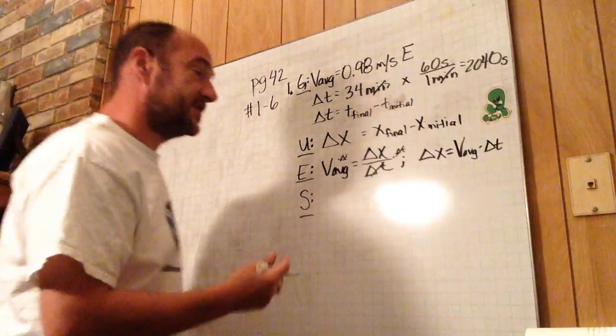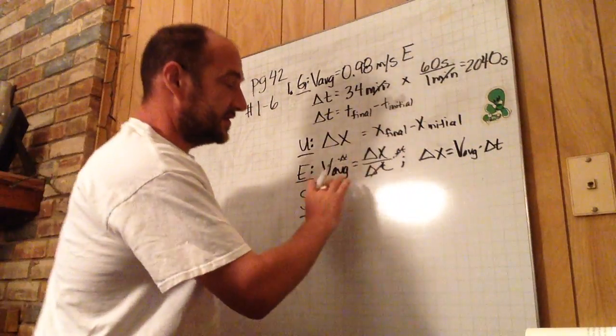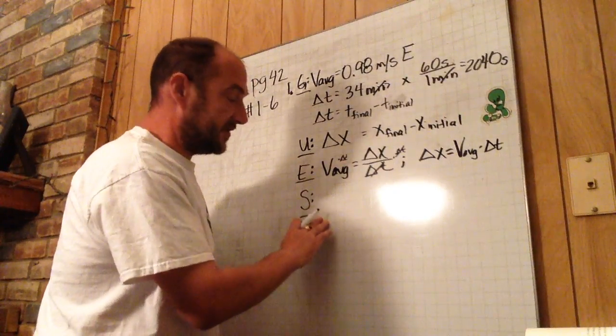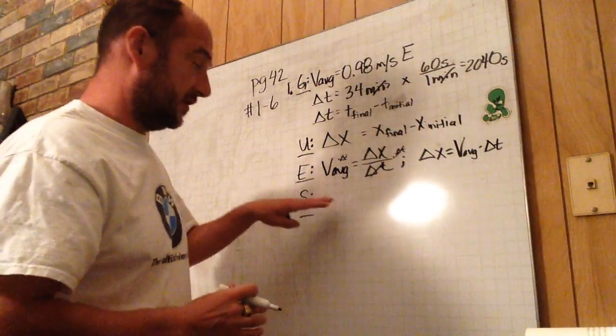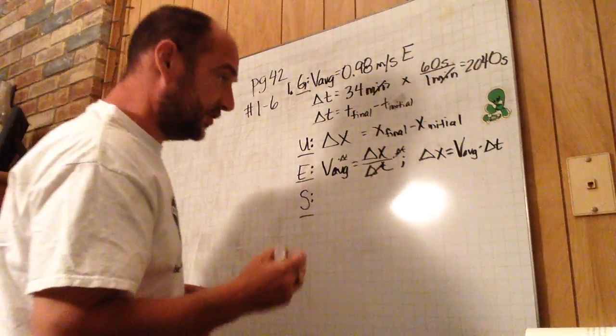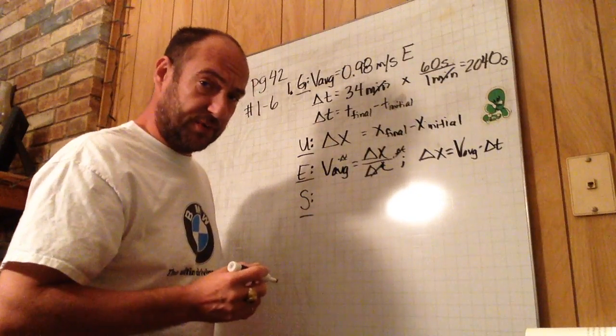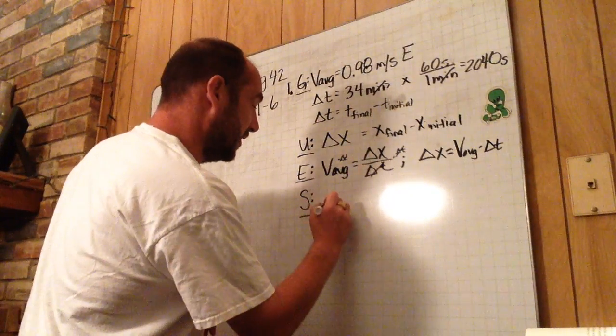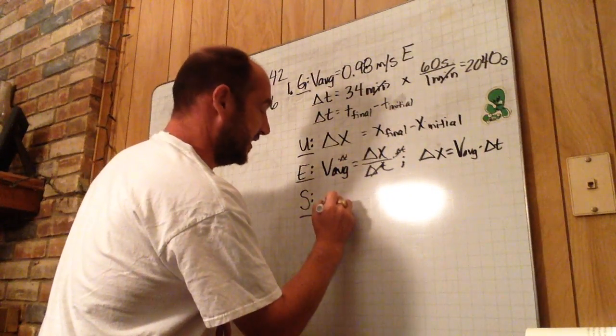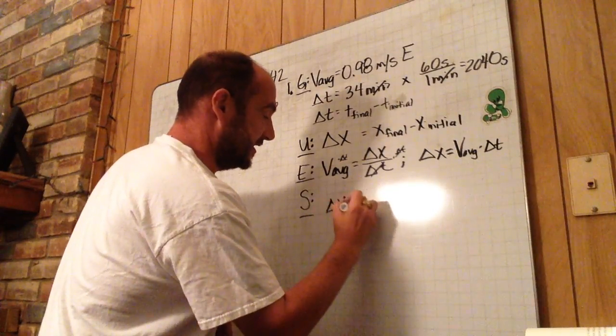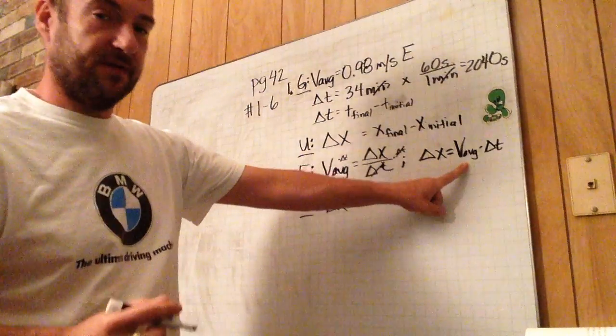All right, now for the substitution. I did this on the equation step so that I don't have to take up a lot of room with the S stage. It's already usually going to be a little bit longer on the paper than most. So they want me to find delta x. Delta x equals, it says over here V average.